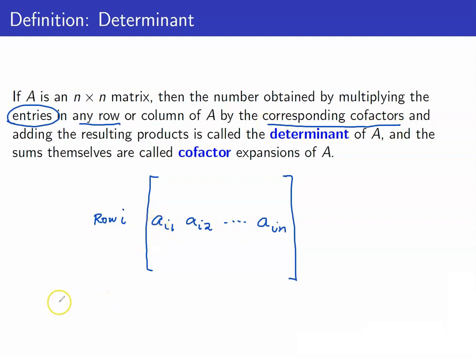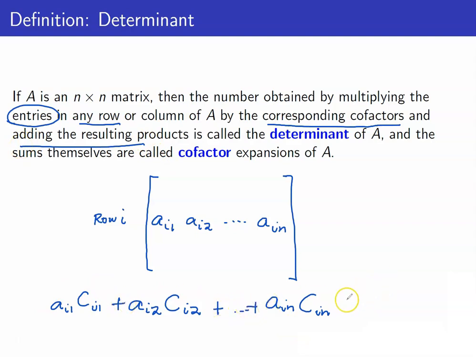We have Ai1, you multiply it with its cofactor Ci1. Your Ai2, you multiply it with its cofactor Ci2, and so on, up to Ain, multiplied with its cofactor Cin. And then what do you do next? You add up the resulting products. And that is now the definition of your determinant of A. We call this sum the cofactor expansion along row i.